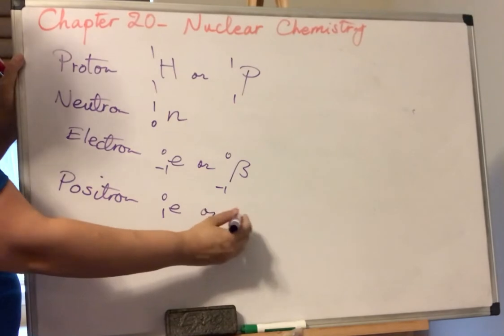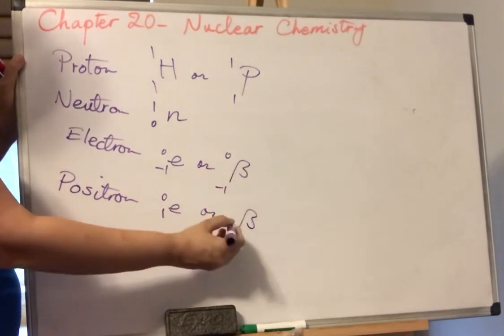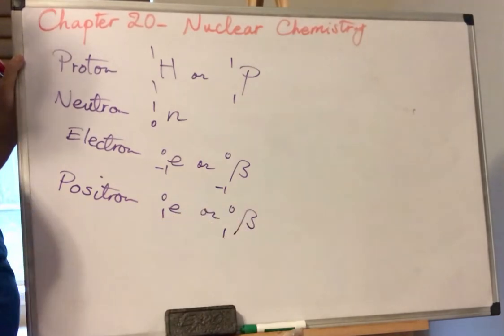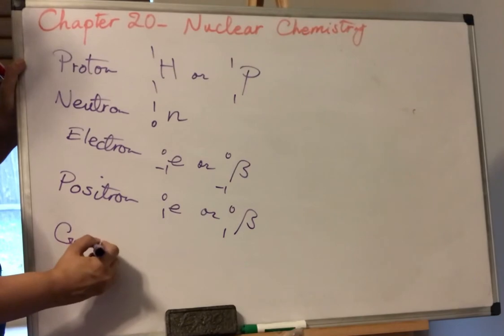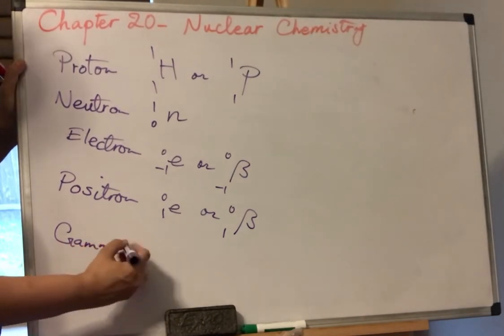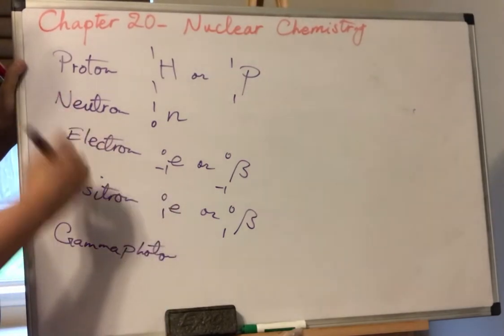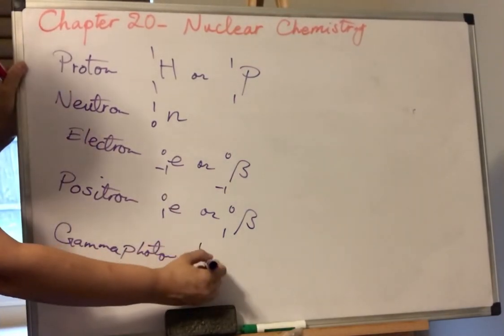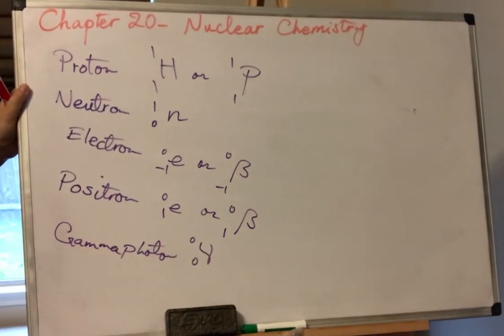You show it as, again, a beta particle, but the negative is positive here now. Then you have gamma photon or gamma radiation. Gamma, you show it with no charge, no atomic number.